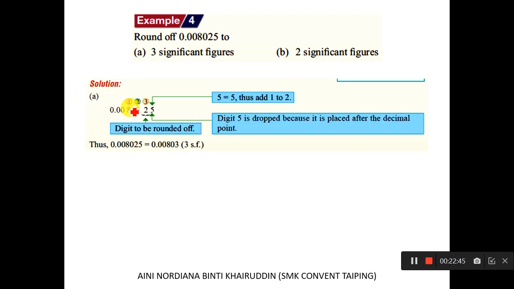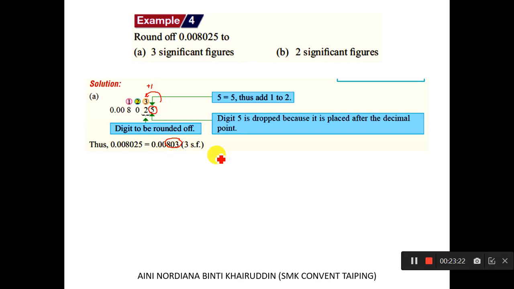So 8 here becomes the first significant figure. The digit 0 here becomes the 2nd significant figure, and so on to 3 significant figures. So we just look at the digit after the 3 significant figures. This is 5, so you have to add 1 to digit 2. So the answer will be 0.008803. So this is 3 significant figures.